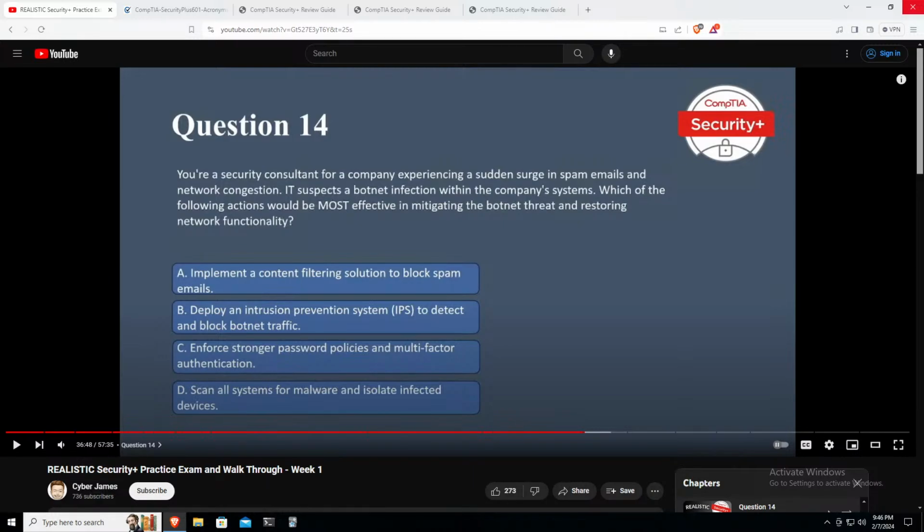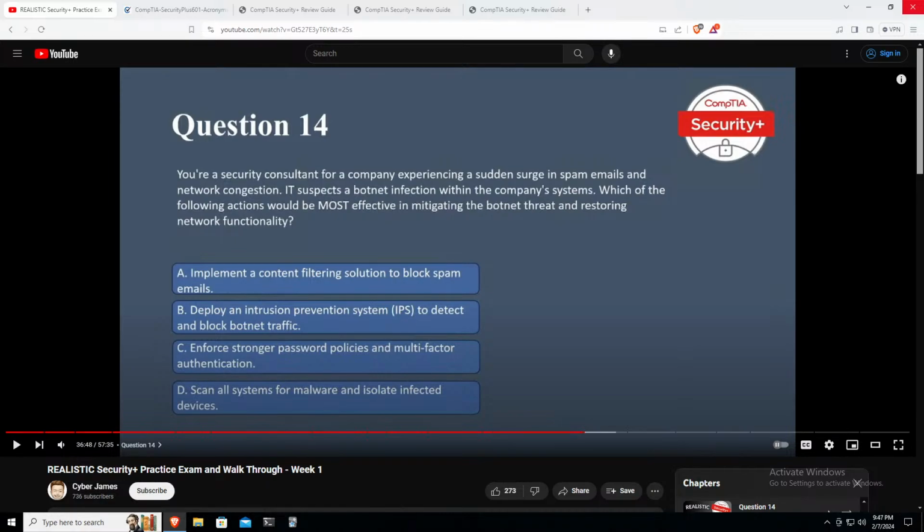So in this case, we're already infected, right? That's a suspicion here. So since we're already infected, we would probably need to scan all the systems for malware and isolate the infected devices. That way, removing the botnet's hold on the network and reducing its attack surface.